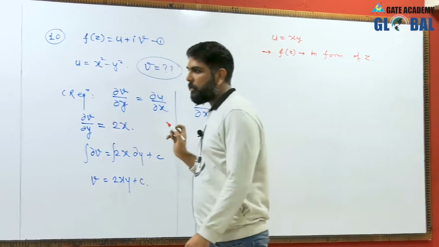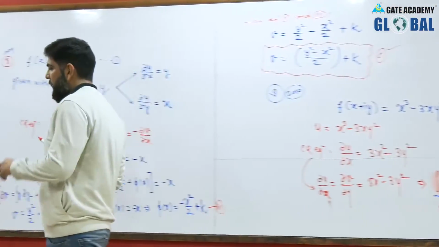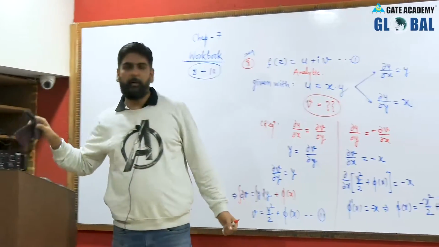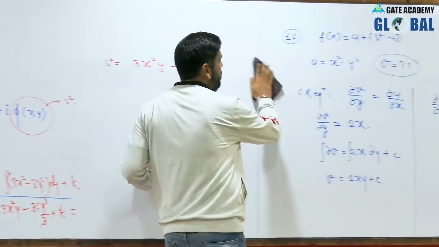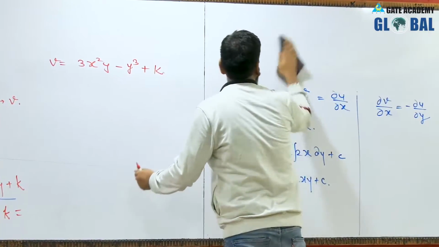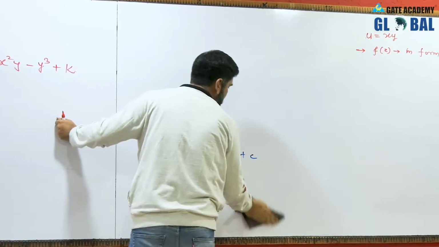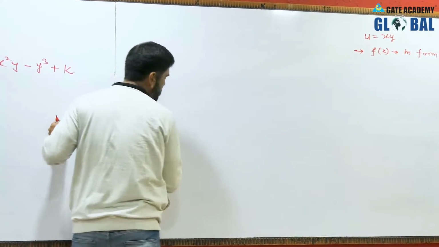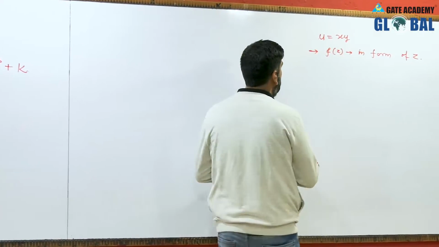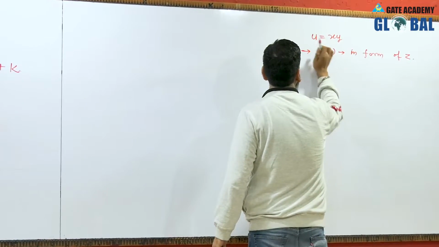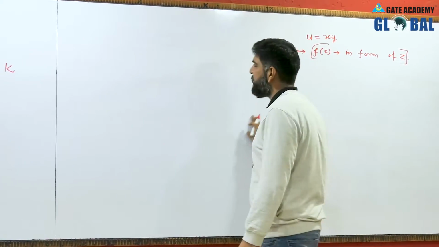If the options are in the form of z, then I have the experiment. So if I am having u as a function of xy, my dear students, u is nothing but xy, but we need to evaluate directly f(z).